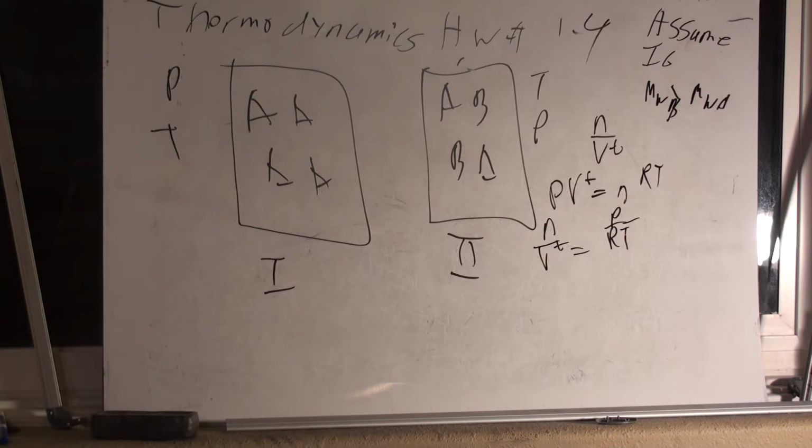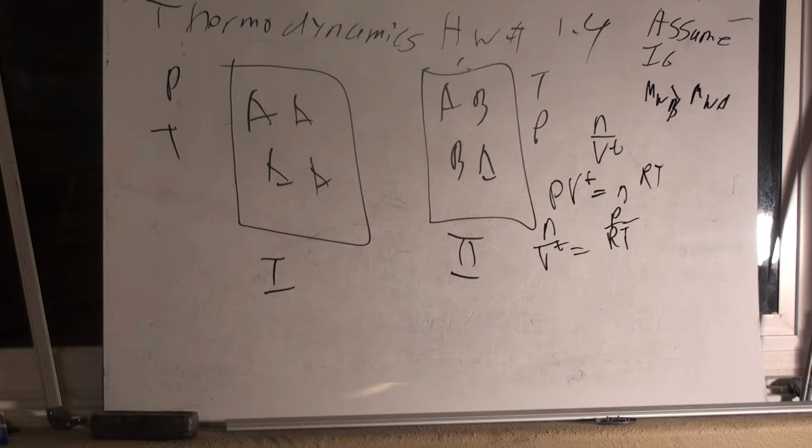Now, of course, the gas constant is constant. So we have to compare the pressure and the temperature of the two different systems. But what did we already say about the temperature and pressure? That's right, they're the same. So pressure's the same, R's the same, temperature's the same. So N over V total as a ratio has to be the same. Now N might be different and V total might be different, but that doesn't matter. As a ratio, they're the same.